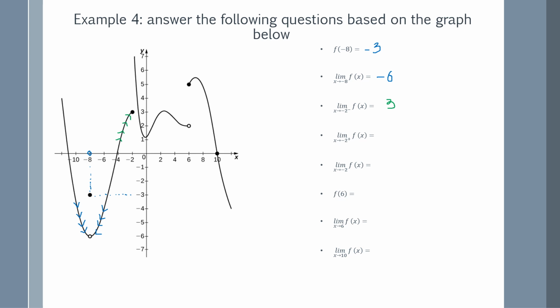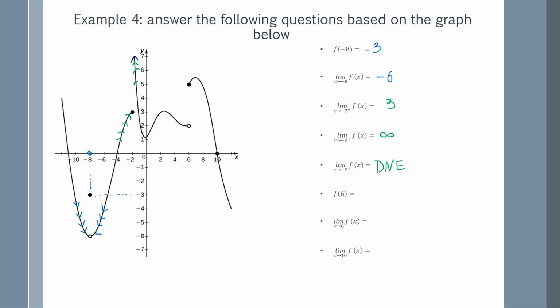Now for the right branch, let me make it a little bit clear that this should have an arrow representing that this branch goes all the way up to infinity. So as x goes to -2 from the right, we have a different type of behavior. This is infinity. Since these two one-sided limits are not the same, the answer to the question is that it does not exist.